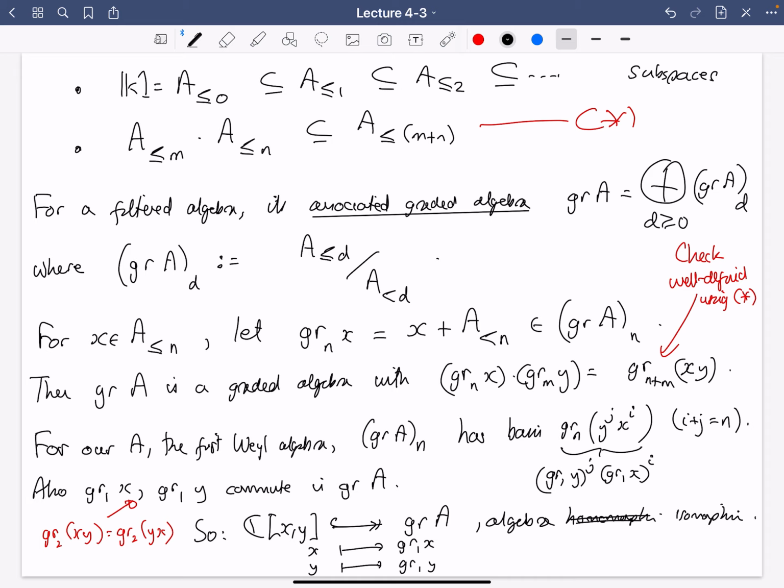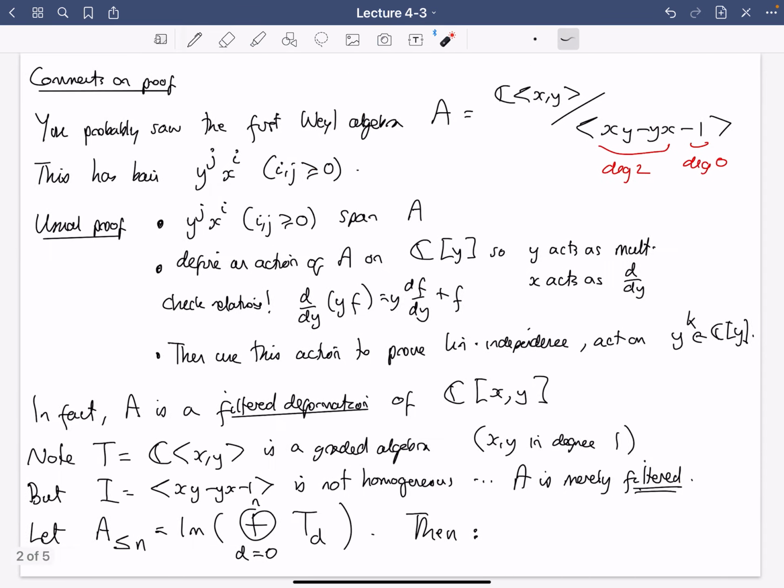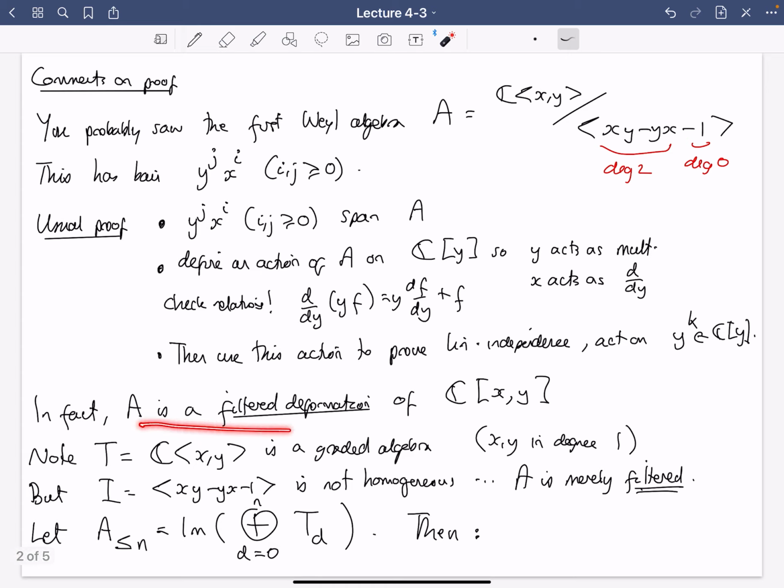So the associated graded of the first Weyl algebra is the polynomial algebra, and that is what it means to say that the first Weyl algebra is a filtered deformation of the polynomial algebra. So you see, in the end, what's going on is, the relation that we imposed, xy minus yx minus 1, if we were defining the polynomial algebra, we would have just missed off that minus 1.